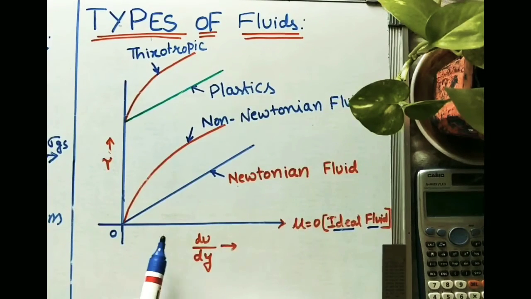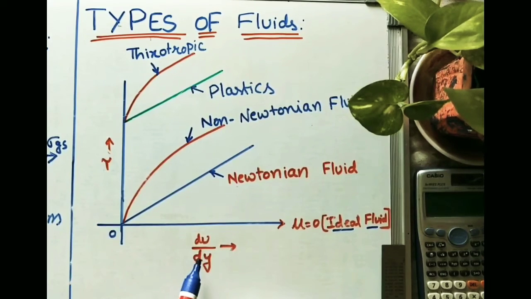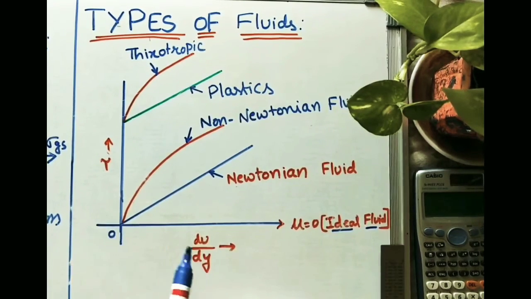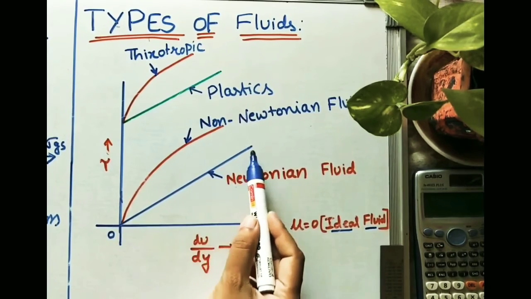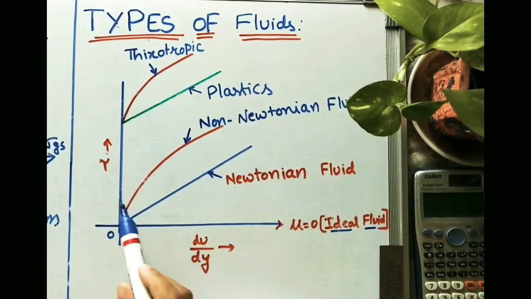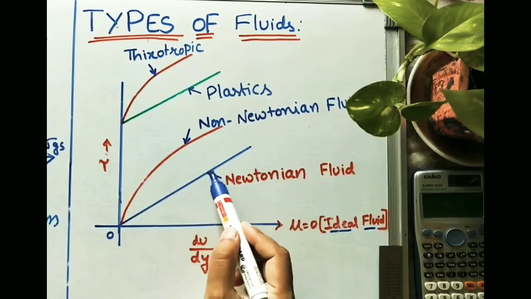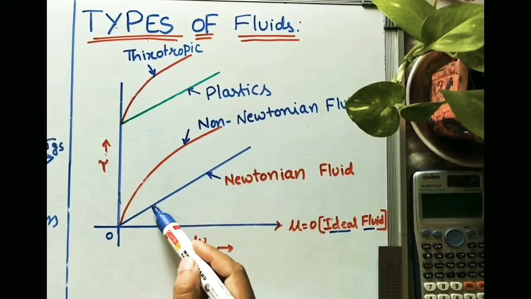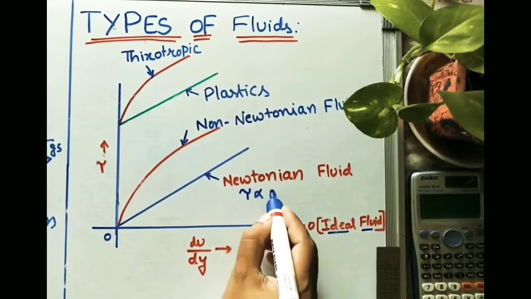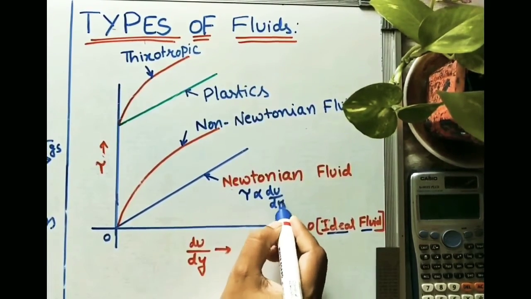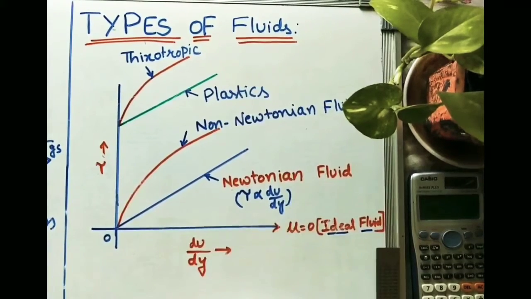Okay, so in it, if shear stress is proportional to shear strain, that is tau is proportional to du by dy, we will get one line because these two are in a linear relation. So whatever fluids follow this relation, that is tau proportional to du by dy, those fluids are called Newtonian fluids.